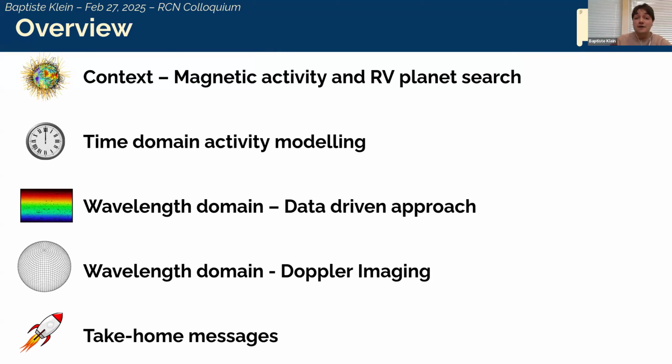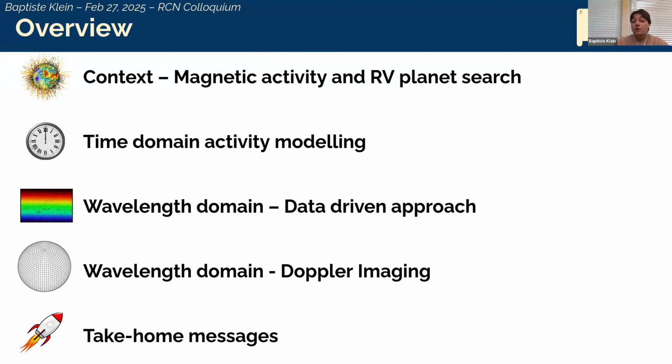I will start with a brief context that basically everyone here knows, but at least we'll be on the same page. Then I will have a glimpse at time domain modeling methods, in particular Gaussian processes, but I will focus on the limitations of these frameworks for the search for long period low mass planets.